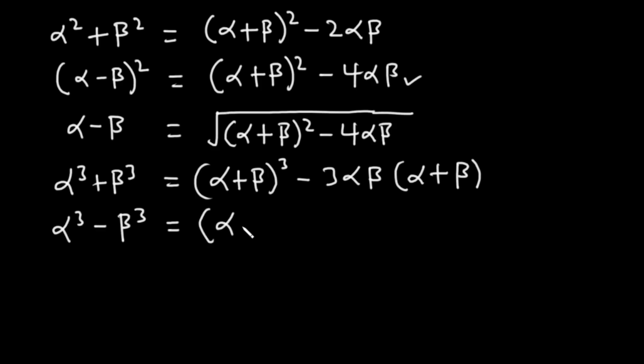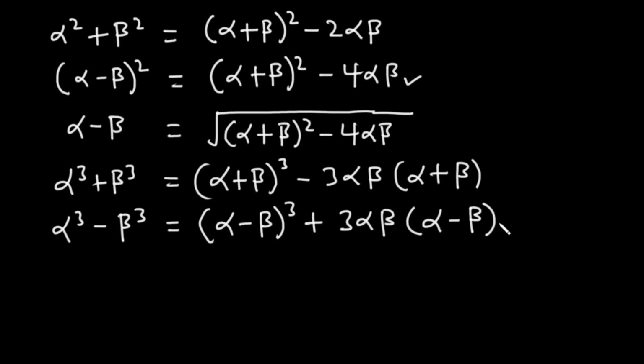That is alpha minus beta all cube plus 3 alpha beta times alpha minus beta. So let's note the difference between alpha cube plus beta cube and then alpha cube minus beta cube.